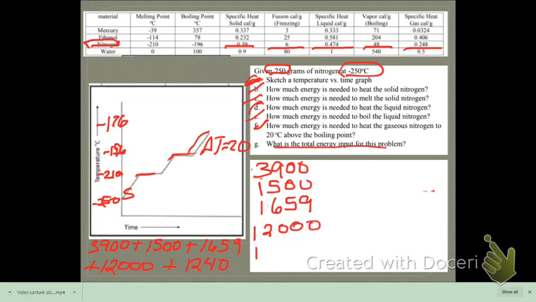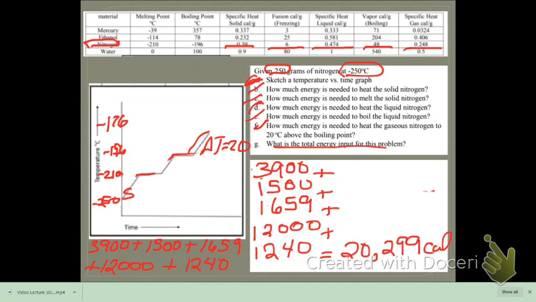And I have 1240. If I add these all up, my answer should be 20,299 calories. Add those up, double check them, and then come back.